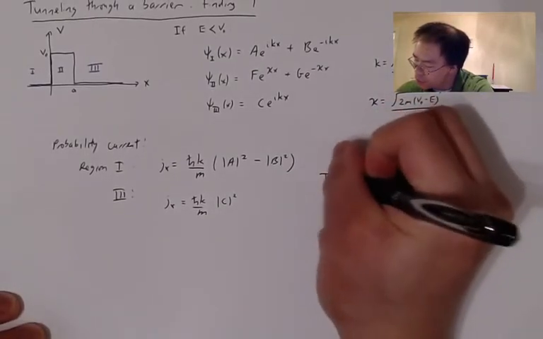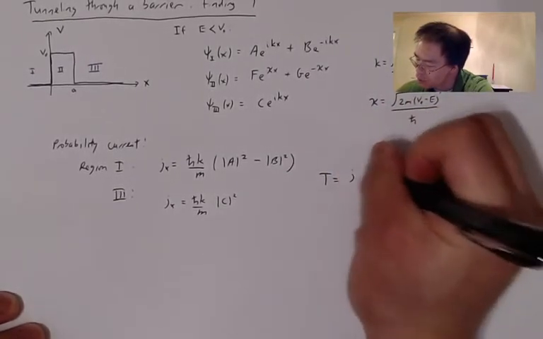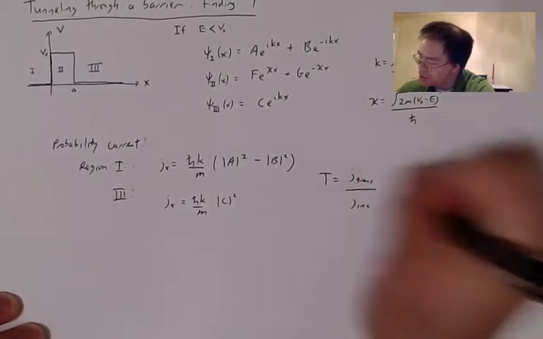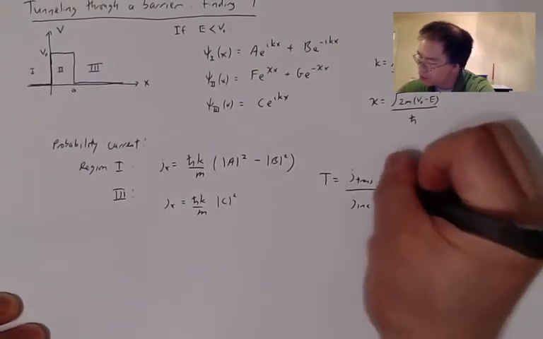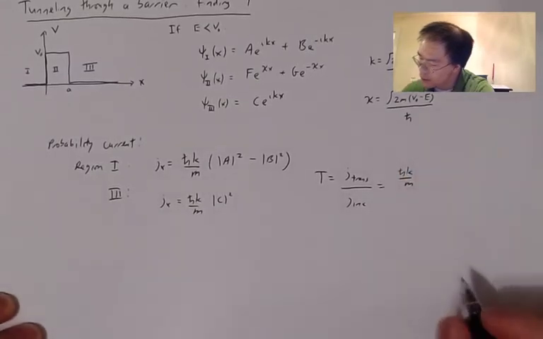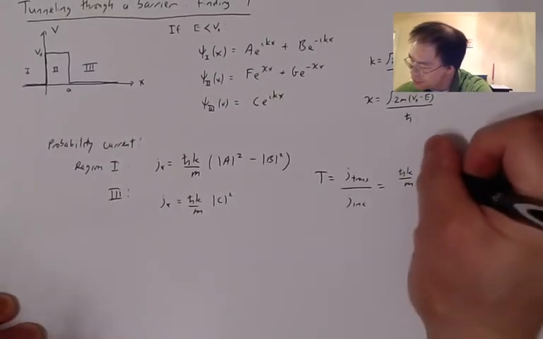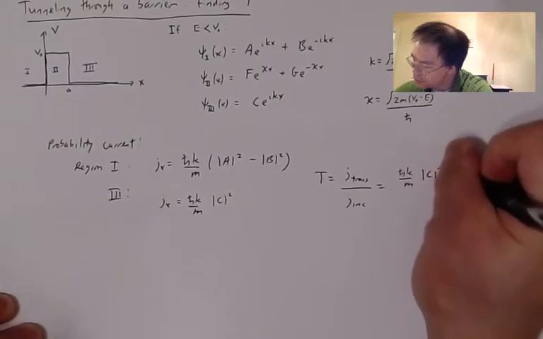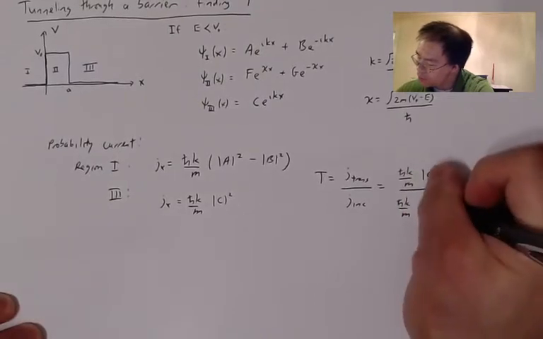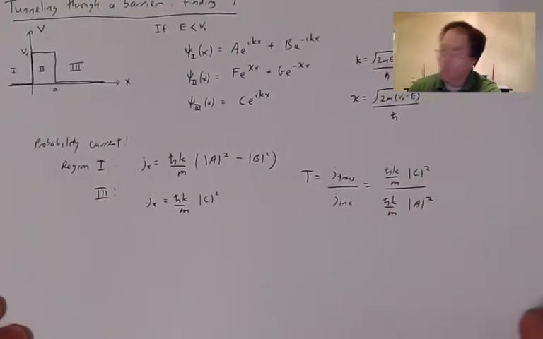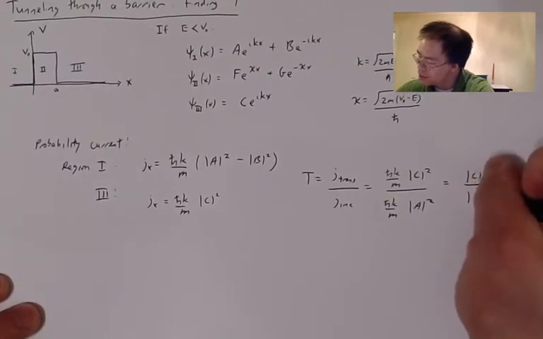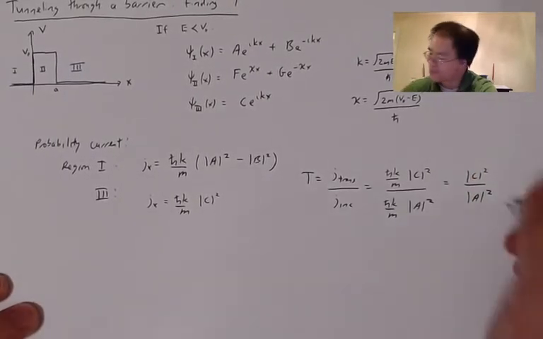So the transmission coefficient is a ratio of J transmitted to J incident, and that's going to be h bar k over m times modulus squared of C, over h bar k over m times modulus squared of A, or as I claimed in class, modulus squared of C divided by modulus squared of A.